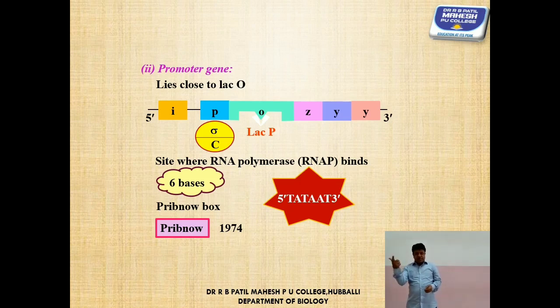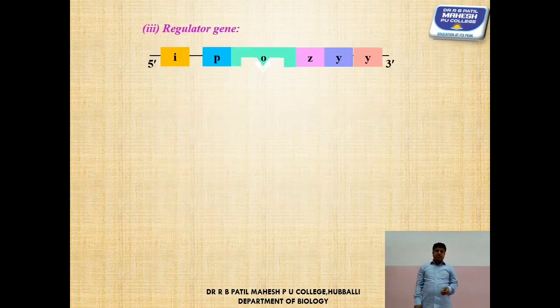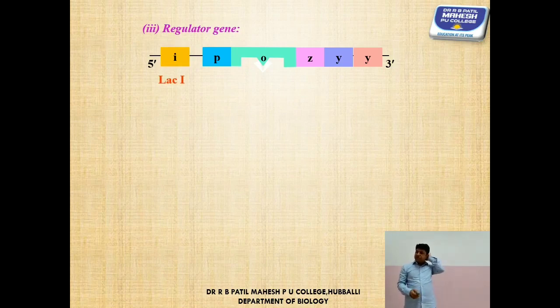One, structural gene. Second one is operator gene. Next one, regulator gene, or we call it the inhibitor gene. In case of prokaryotes, the regulation of gene expression is controlled by a specialized protein that is called accessory protein, or we call it a repressor protein, produced by the regulator gene, that is the inhibitor gene.